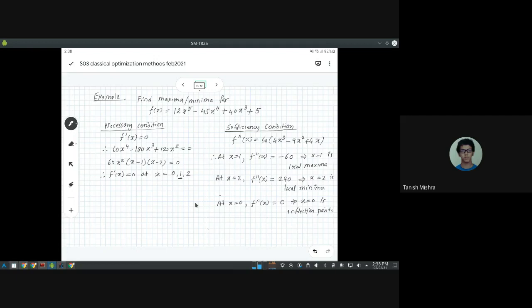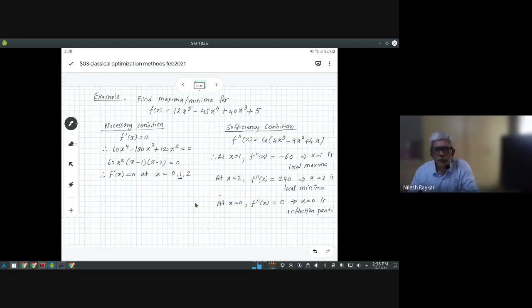Yes, sir, but if we let that little amount tend to zero, then we just get these derivative conditions. No, he's not calculating the third derivative. He's just calculating the sign of the second derivative.